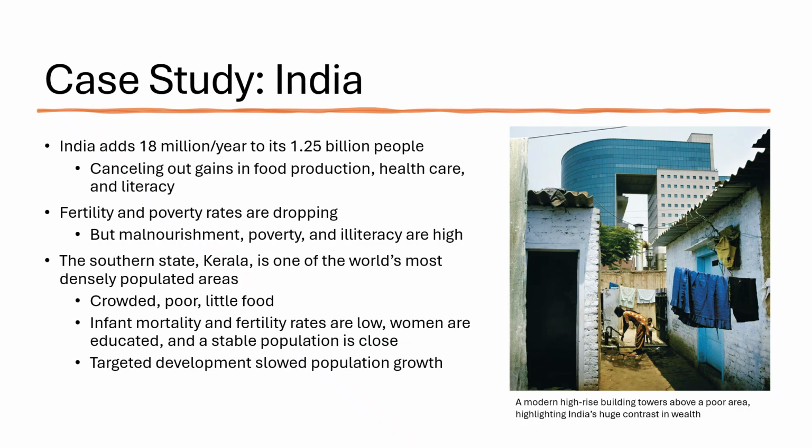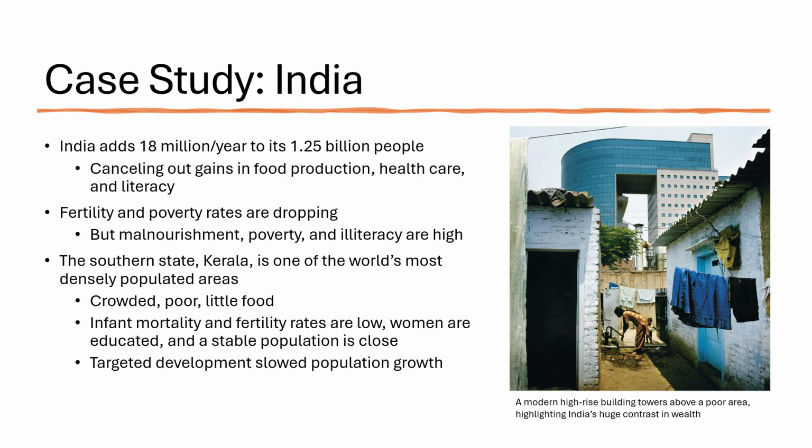So India's situation is a little bit different. The growth rate is still pretty high. About 18 million people every year are added to its already very large population of 1.25 billion. This very fast increase in population is basically cancelling out all the gains in food production, healthcare, and literacy.